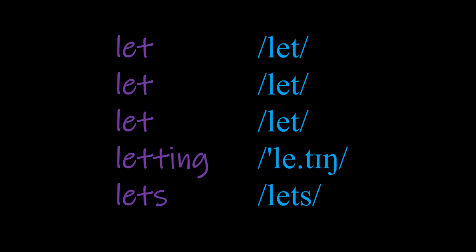And then with your third person, lets, because the T is not voiced, it's aspirated with the puff of air, we pronounce the final S as a S, as a hissy snake sound. So that end combo is lets, it's ts, ts, lets.